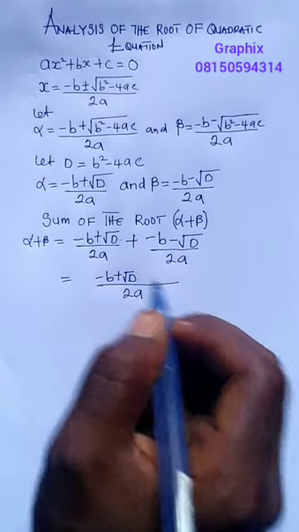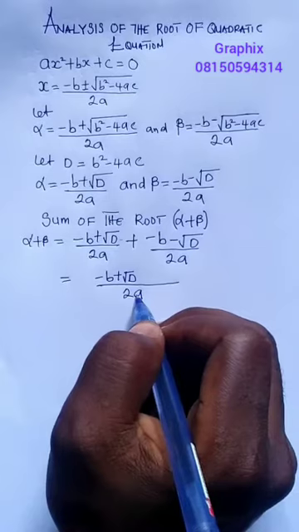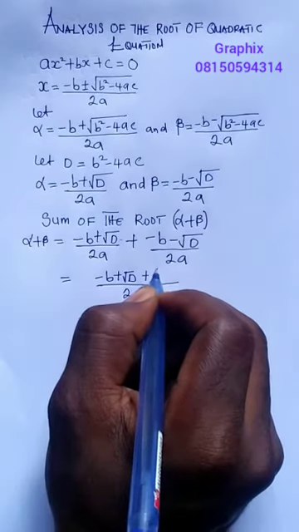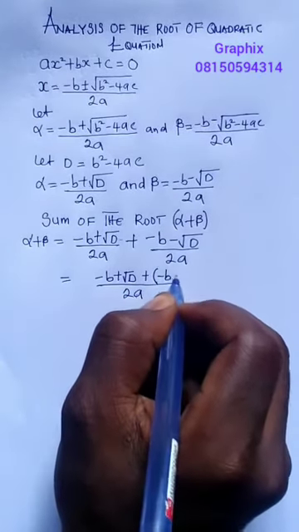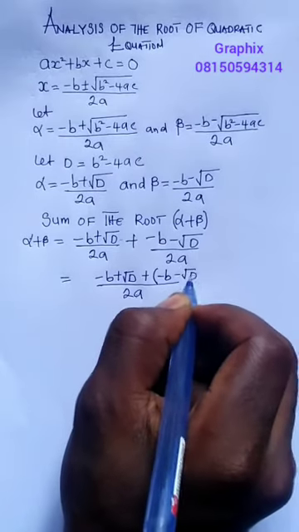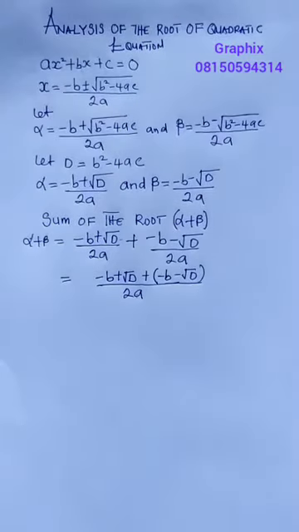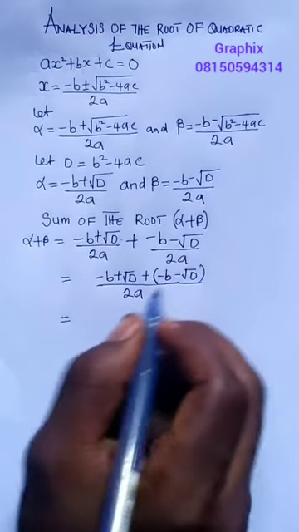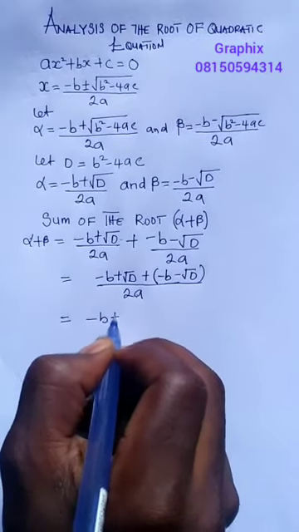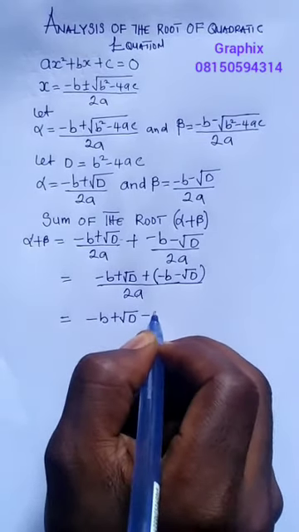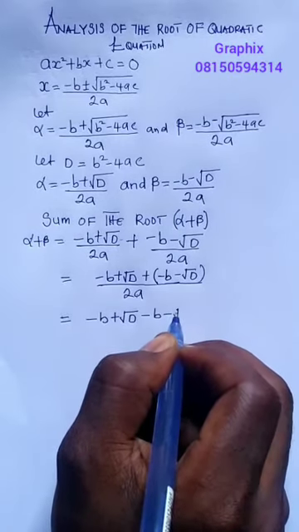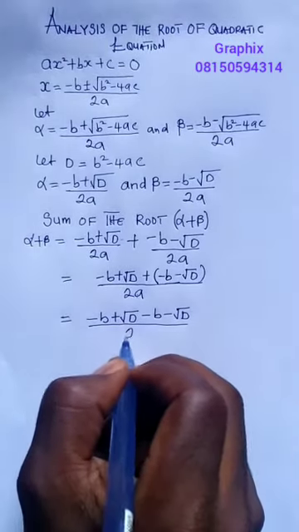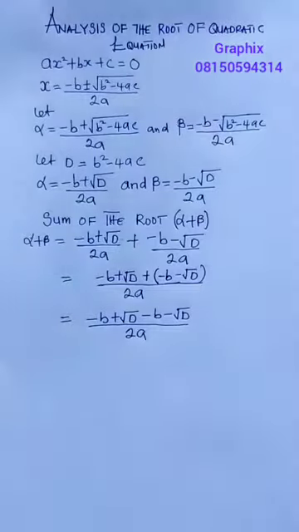Now the same thing will happen again. 2a into 2a gives you 1, and 1 times this will give you plus, in bracket, minus b minus root D. Now from here, if you open the bracket, we have minus b plus root D minus b minus root D, everything all over 2a.